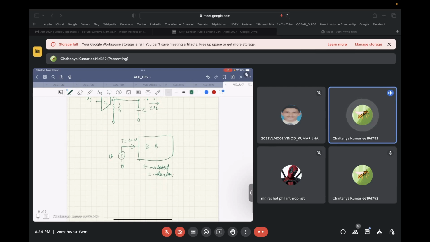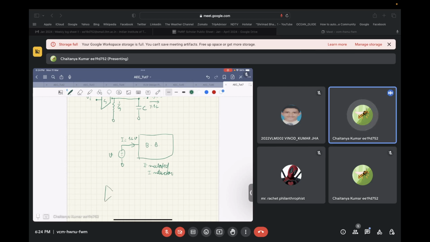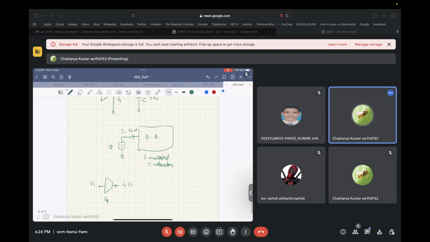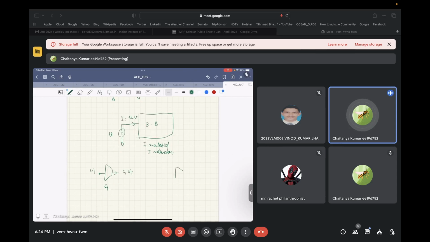Initially, while starting the lecture, I told you there are two kinds of transconductors that can be built. One is basically this, where you give an input and a current is sourced with a value of G times Vi. And then there is another kind of transconductor, the complementary one, the bubbled one, correct.